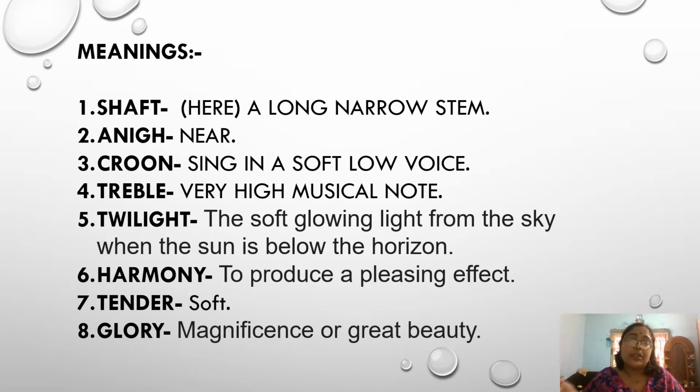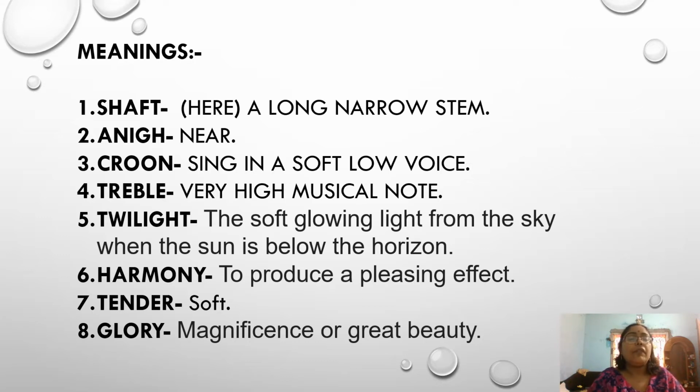That moment of time when it's not even night, and even the evening hours are about to become dark, is known as twilight. The soft glowing light from the sky when the sun is below the horizon. The sun has gone down below the horizon, and the moon is about to come up with its glow.